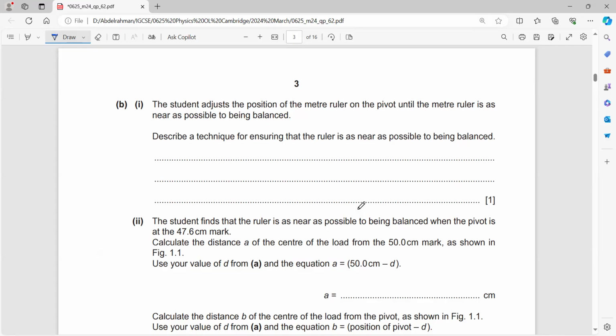He simply should move the ruler slowly to the left and right until it tips over to either side. It will be balanced by then.